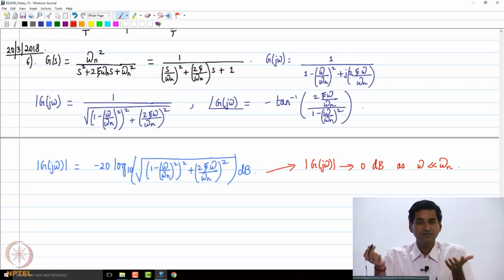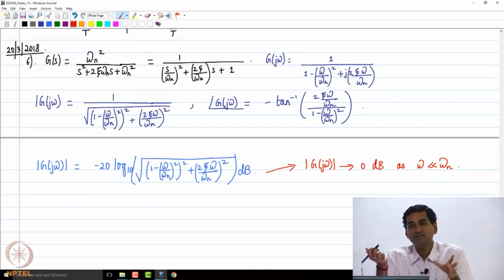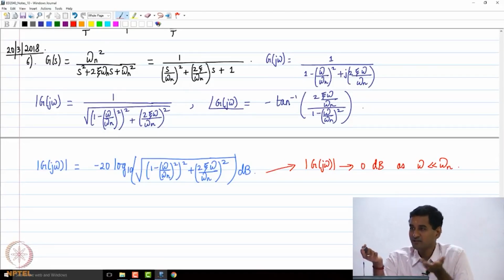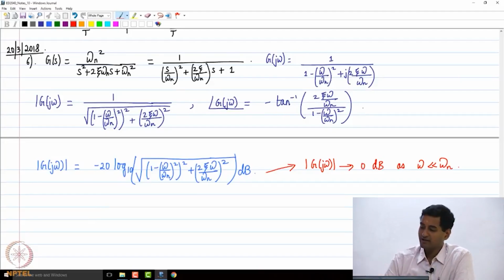When the frequency of interest becomes much less than omega n, which is the natural frequency of the system, omega by omega n becomes very small, and omega by omega n whole squared will also be pretty small. So in the square root term I will effectively end up with 1. I am essentially going to take log of 1, so I will get 0 decibels. That's what happens when omega is much lower than omega n.